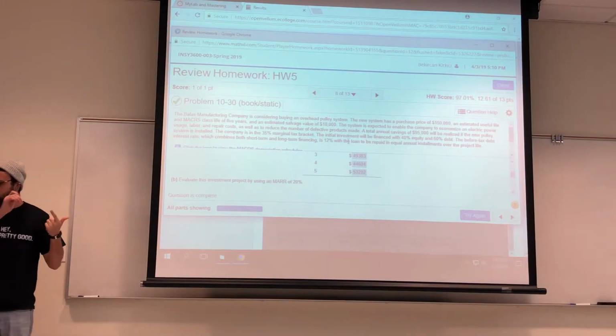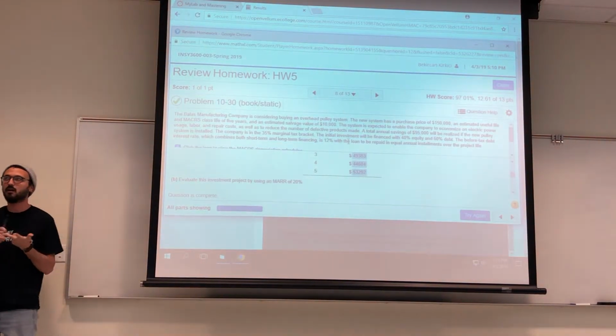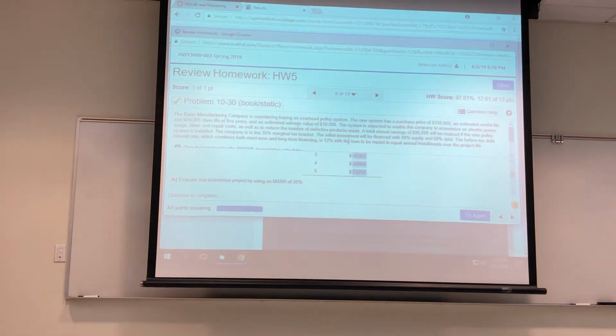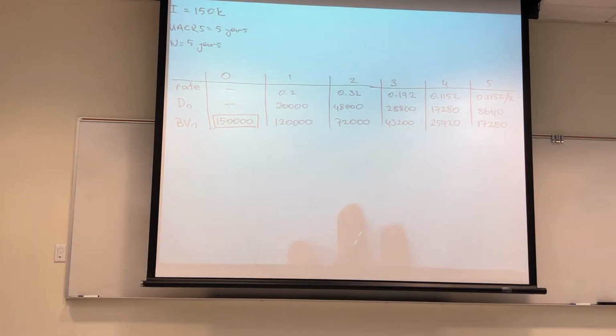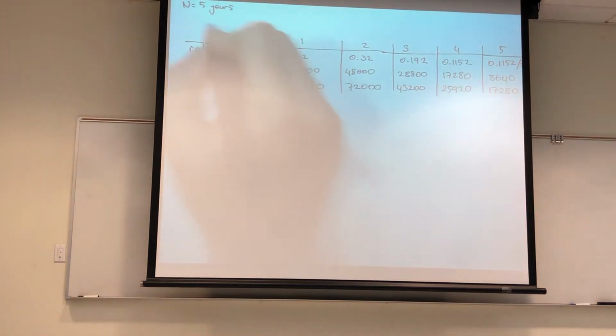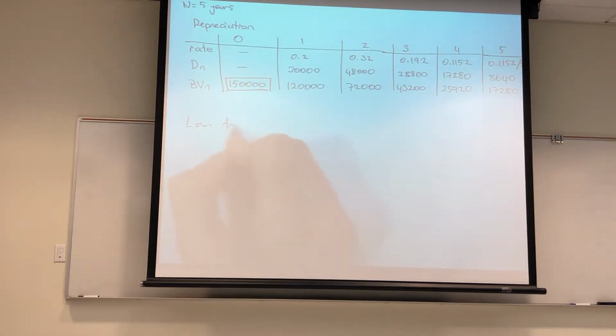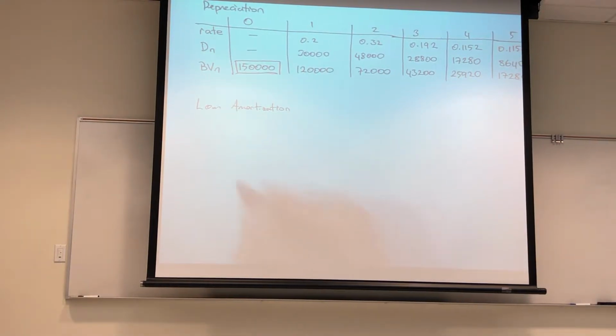And remember, tax rate, loan repayment rate, and MARR are different, right? So it's good to write down those parameters somewhere in the quiz, so you can just go back and use them whenever. So 12% in 5 years with 90,000. In loan amortization, first we need the annual payment to find everything.